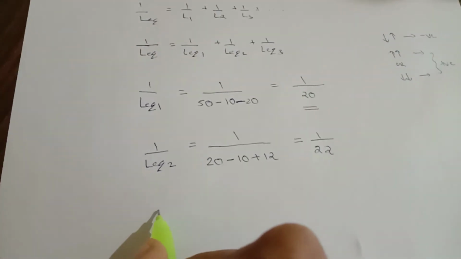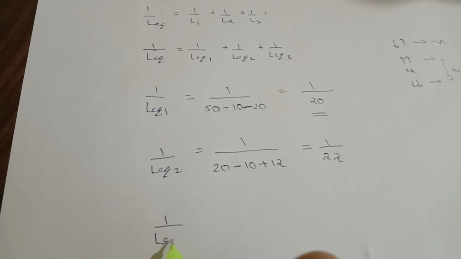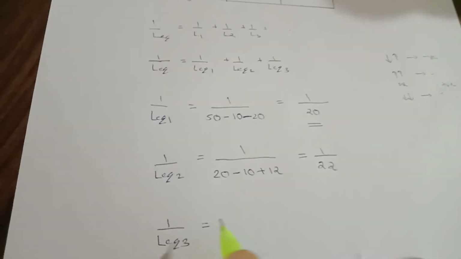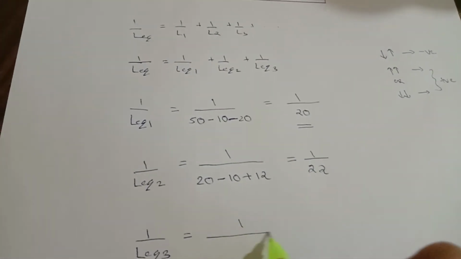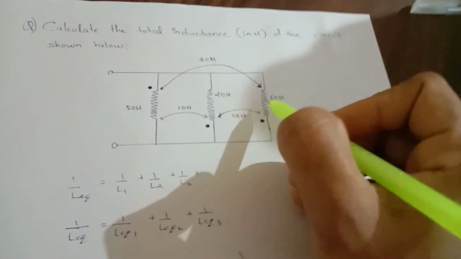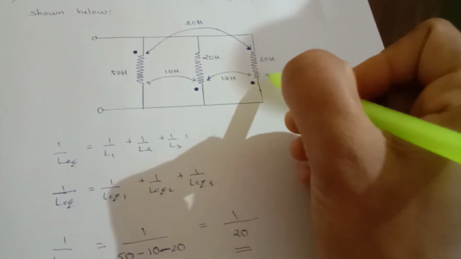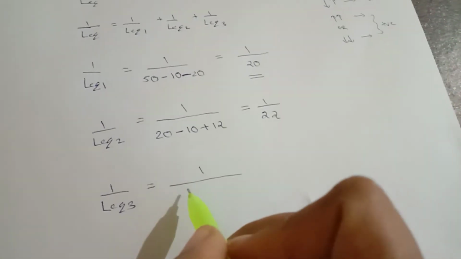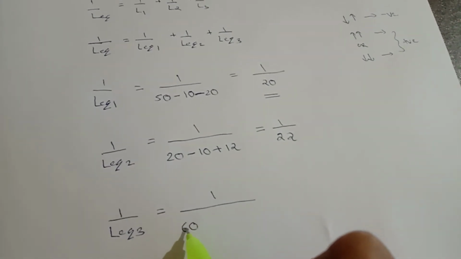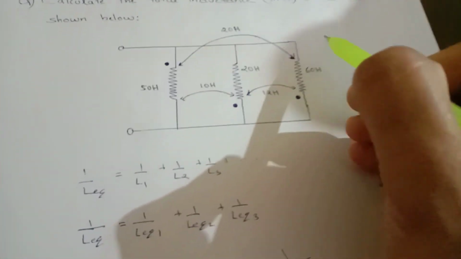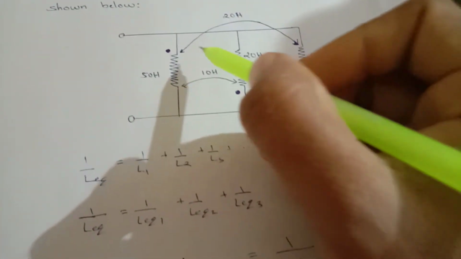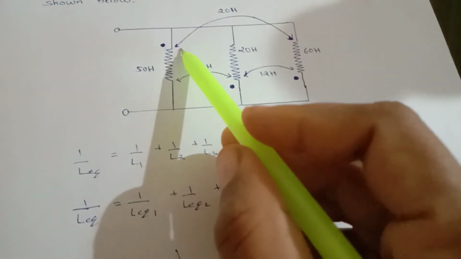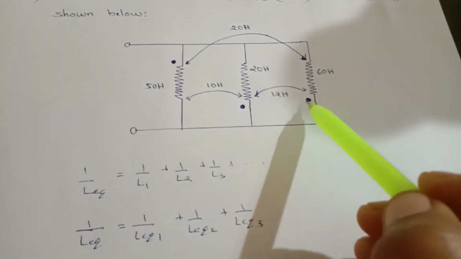Next we have to find 1 by L equivalent 3, which is equal to 1 by, you can check, this third inductor has an inductance of 60 Henry. So we will write 1 by 60. Now we have to consider the mutual inductance. The third branch and the first branch we are considering. Here the current is entering and here the current is leaving.